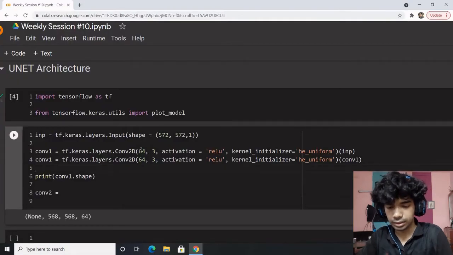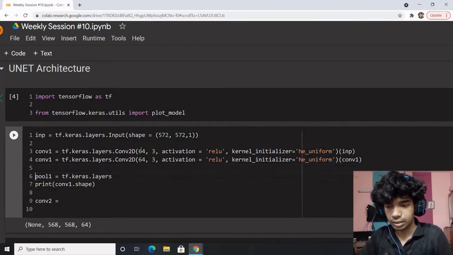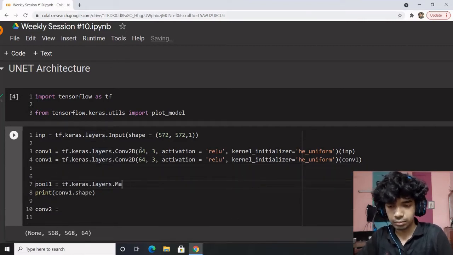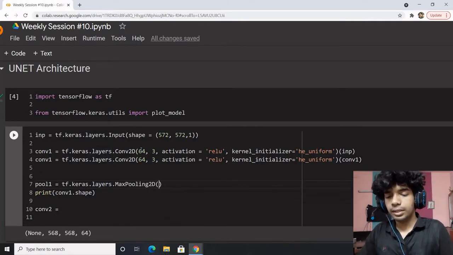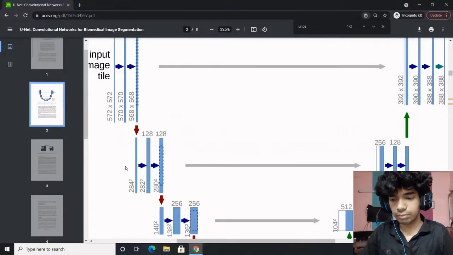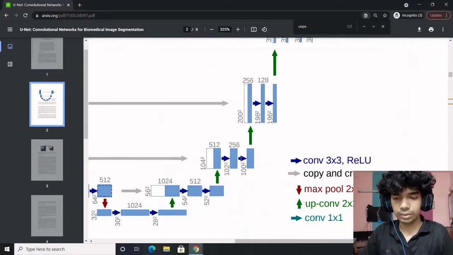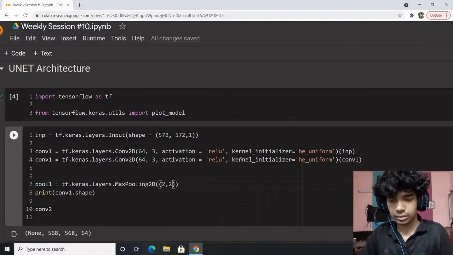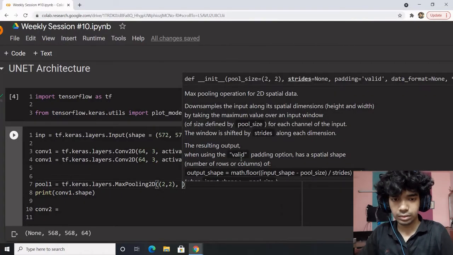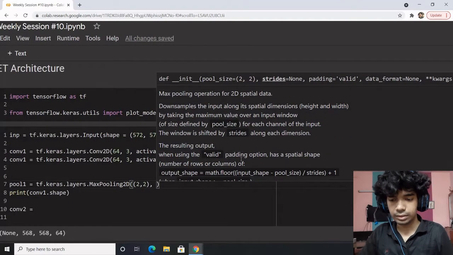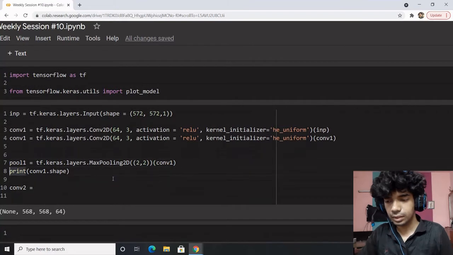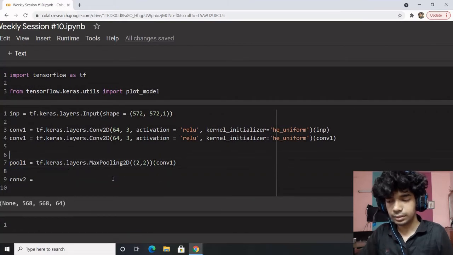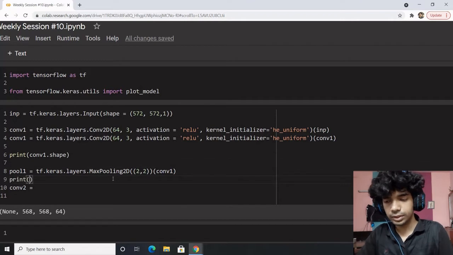Before this happens, let's say pool 1 equals tf.keras.layers.MaxPool2D, and the filter is 2 cross 2. Perfect. Now let's print pool 1 shape.